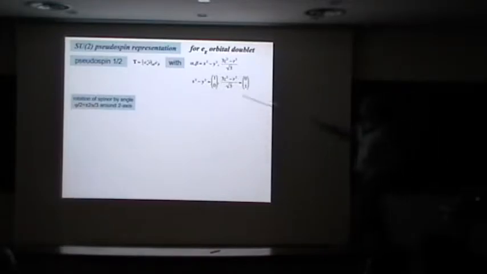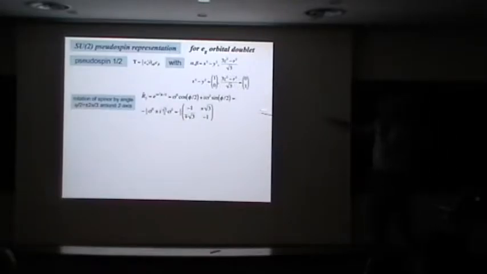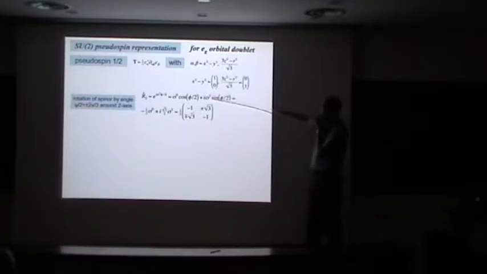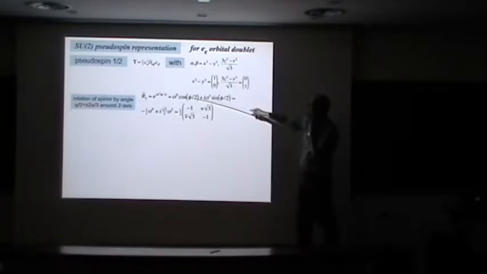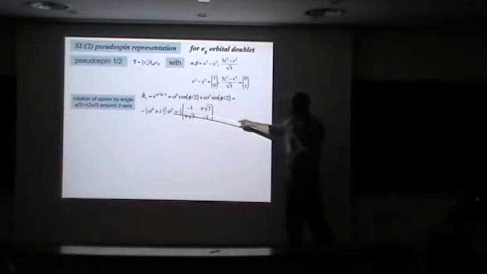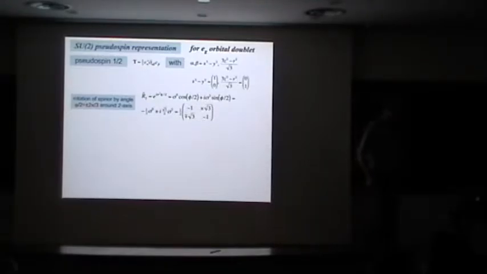But this y has nothing to do with the y there, so that's why I call it the 2 axis. Okay, let's do that. Here's my rotation, R2, around the 2 axis. If you just calculate this, I put in 2 pi over 3 for this angle phi over 2, you get this expression in terms of Pauli matrices, and this is the rotation matrix that you're dealing with.